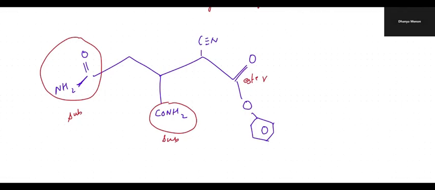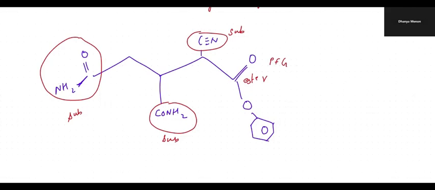Now, amide is a substituent, and this is the substituent cyano. Okay, because compared to ester, the amide and the cyanide, they are substituents. So ester is the primary functional group.